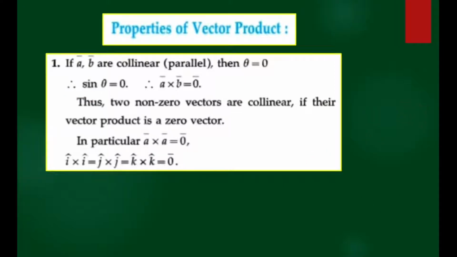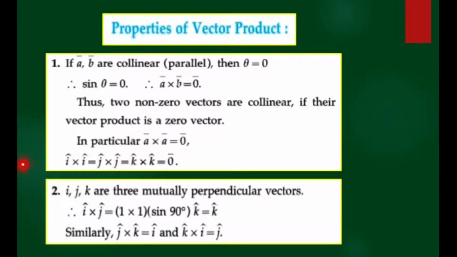So now see the second property. I, j, k are three mutually perpendicular vectors. We know that in the right-handed screw system, I, j, k are the unit vectors which are mutually perpendicular to each other.